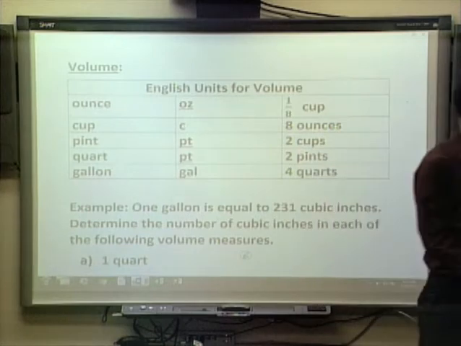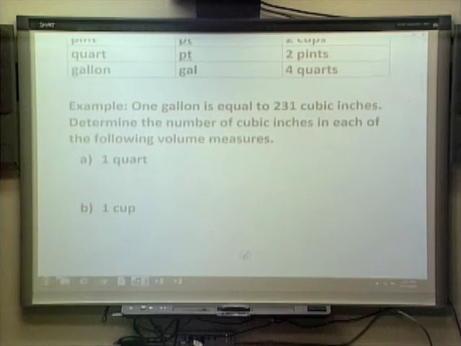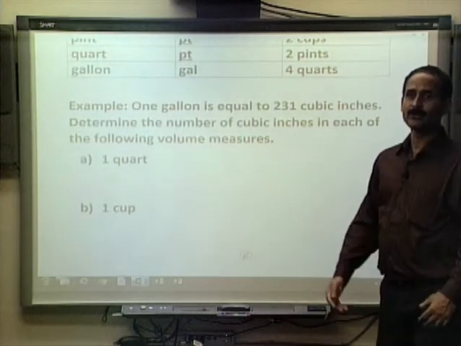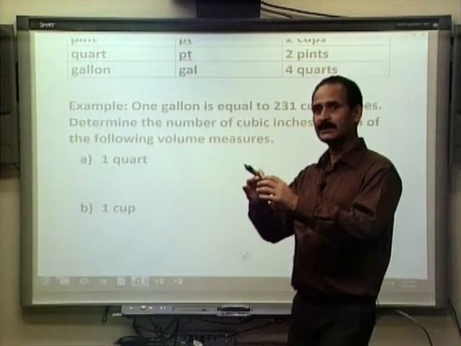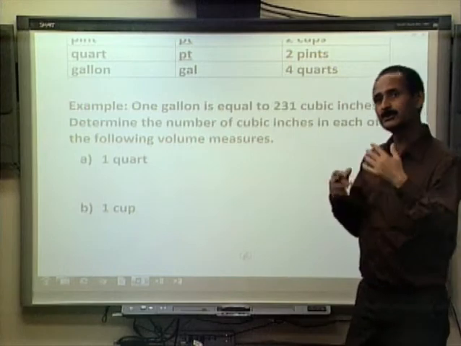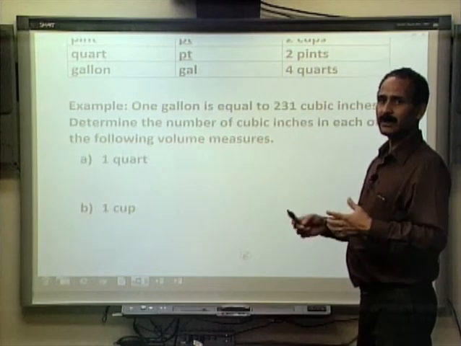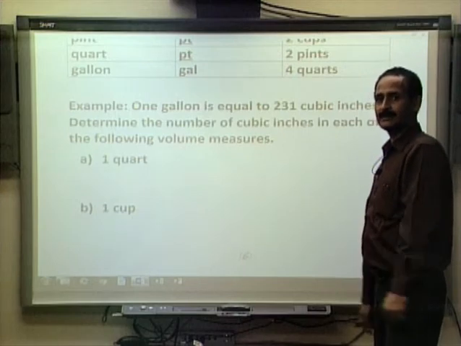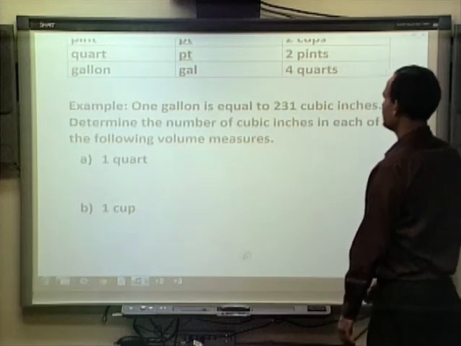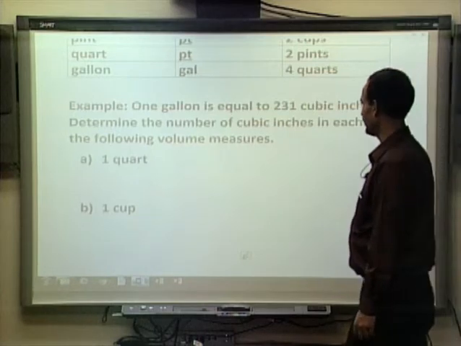Well, let us look at one example. 1 gallon is 231 cubic inches. Cubic inch is another unit of measuring volume which we are going to see later on. The question says determine the number of cubic inches in each of the following volume measures.